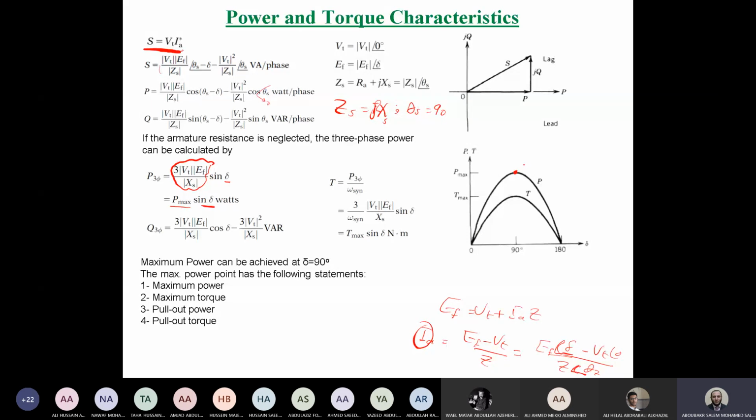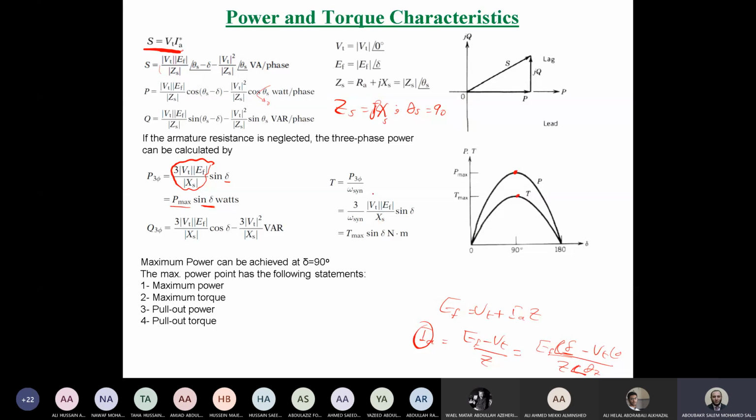Right. So we expect also the machine torque will be maximum at that point, because the electrical torque is nothing but power over omega. So this will be the curve also of electrical torque of the machine, induced torque or electrical torque. So we can say maximum torque, guys, equals 3 V terminal EF over omega XS.